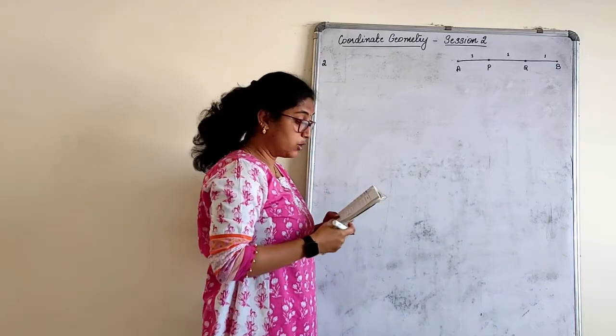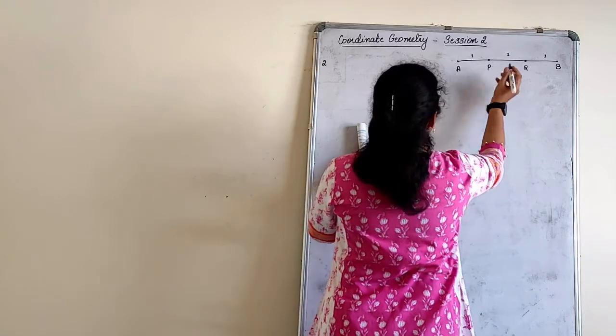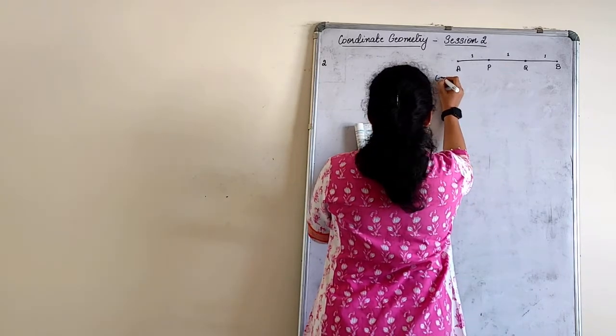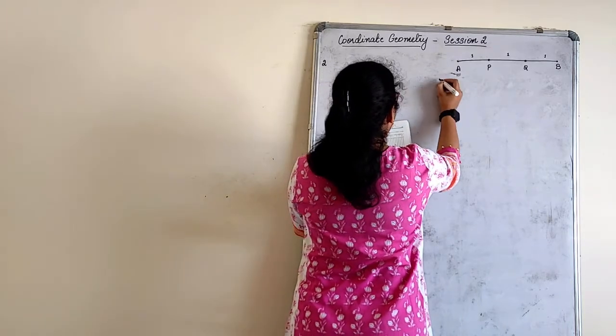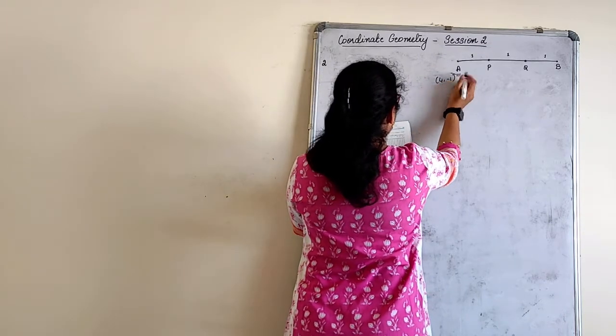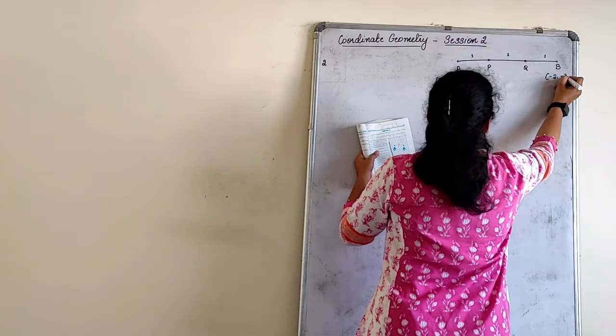All the three parts are equal. The line segment they have given here is joining two points, this is 4 and -1 and the other point is -2, 3.